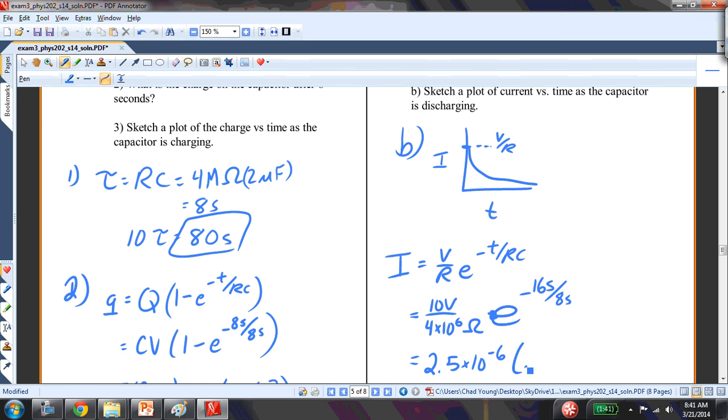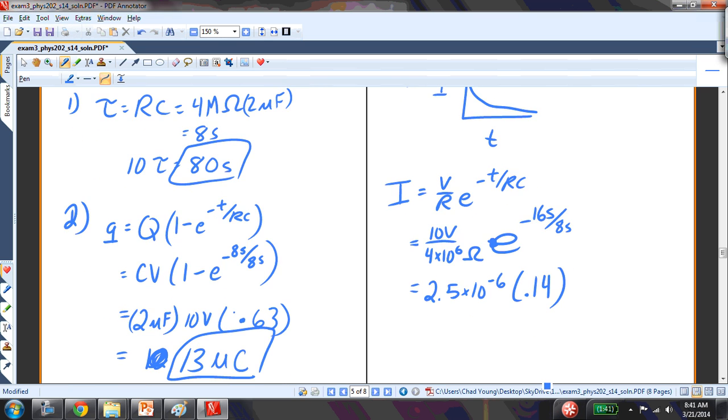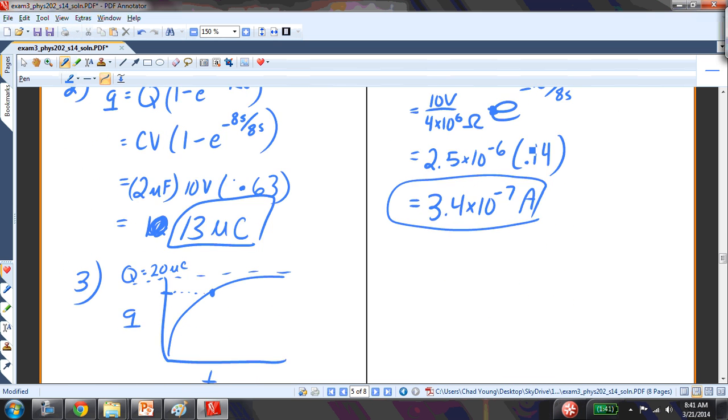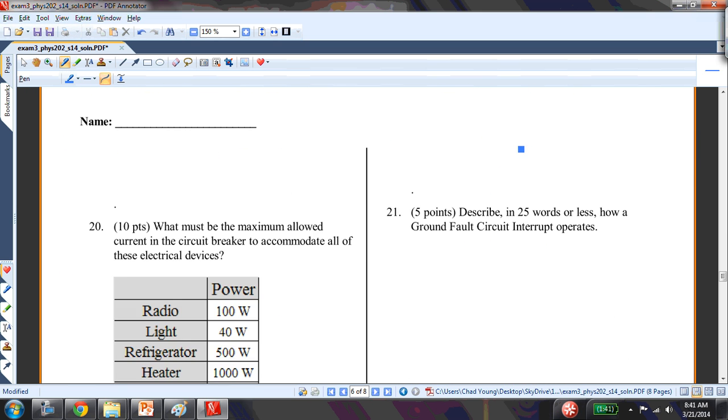Times 0.14. I get 3.4 times 10 to the minus 7 amps. That's the answer. And this is the plot for the second part of that. All right, I think there's just one more, or a couple more.